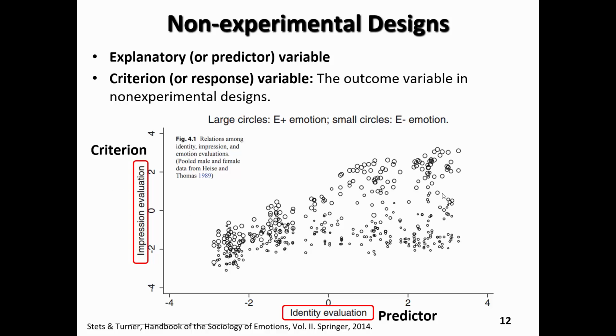So if we take a look at this scatter plot, we can clearly see that there is a pattern that emerges, that as the value of the predictor variable goes from left to right, the values get larger and larger. The values of the criterion variable tend to increase as well, but not in a perfect manner.